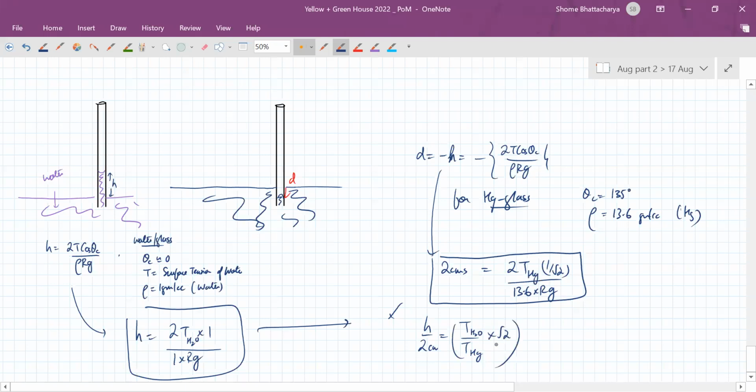So just look up the values of surface tension of water and mercury from the table given in HCV. Substitute that here and you'll get the answer.